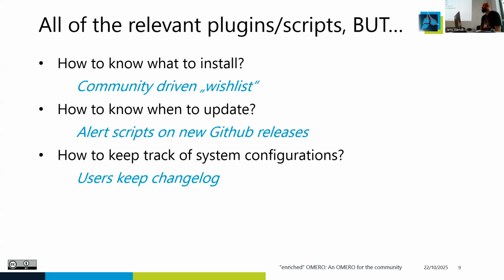How to know when to update? It takes on a certain gravity at some point if you have a list of 50 plugins and you can't check daily what's going on on GitHub if there's a new version. So you would have to rely on people maintaining their stuff properly on GitHub and working with releases, for example, where you can have alerts.